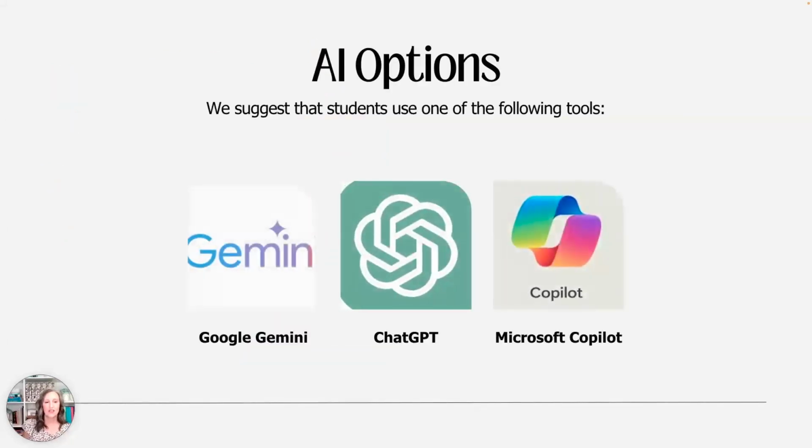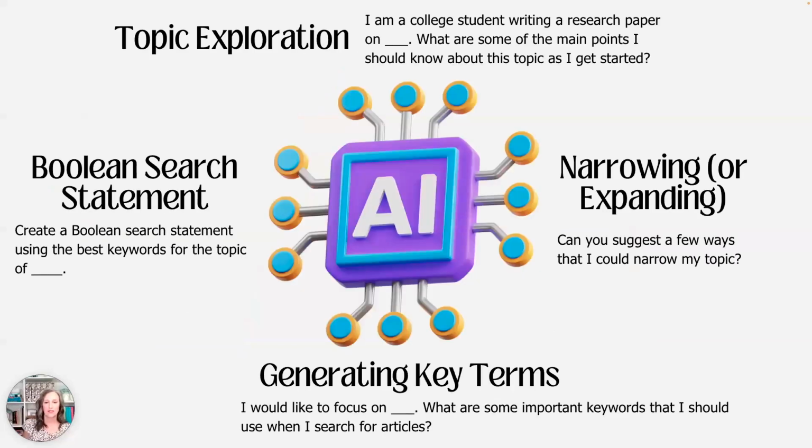I suggest that they use this tool for topic exploration. And the prompt that I suggest is, I am a college student writing a research paper on blank. What are some of the main points that I should know as I begin to search this topic?